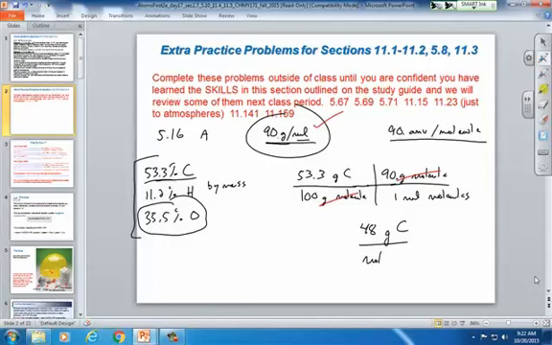So I would do 11.2 grams of hydrogen for every 100 total grams, and I multiply that by the 90 grams per mole. And so that gives me 10 grams of hydrogen for every mole.